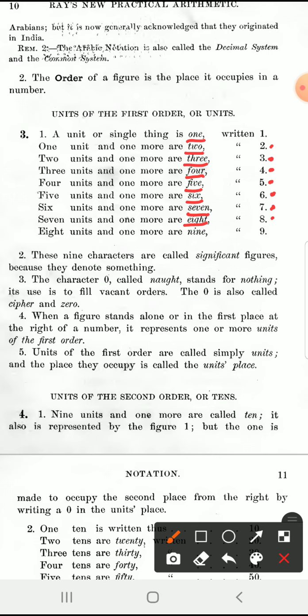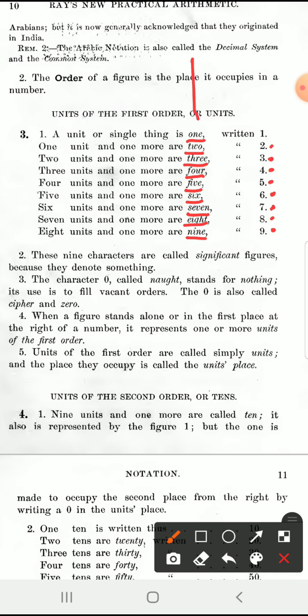And are written with the figure we call 8 in Arabic notation. And lastly, 8 units and 1 more are called 9. And we express that number in figures or in characters with the figure 9.